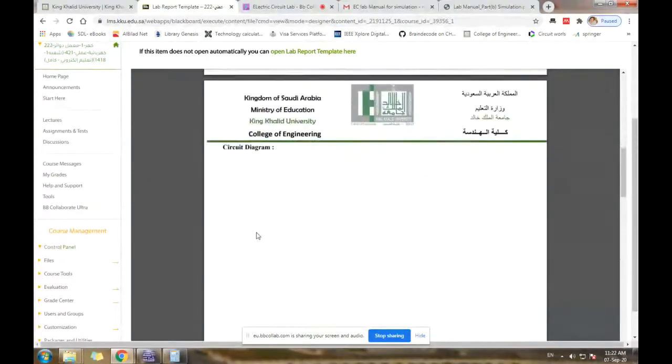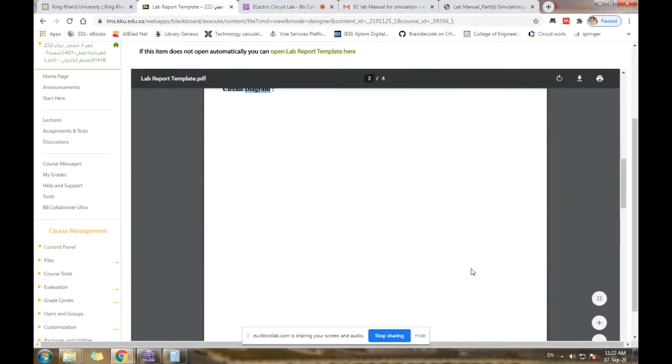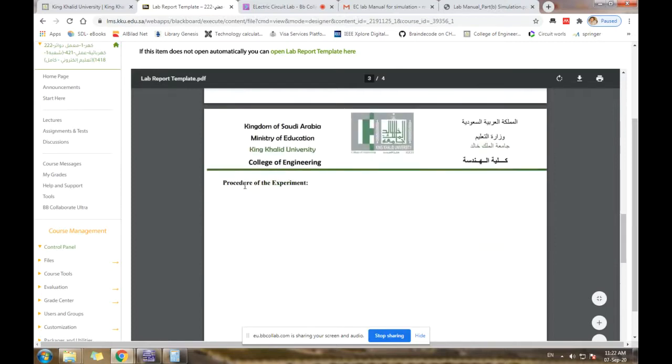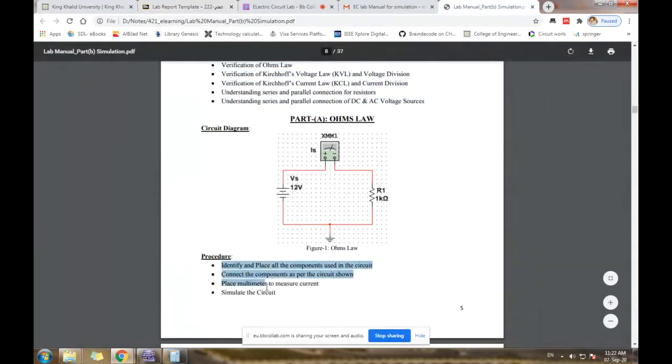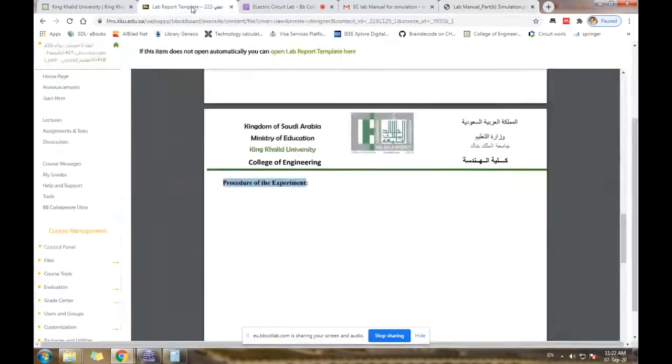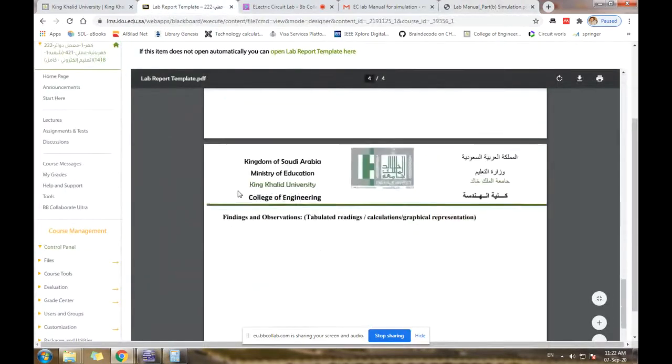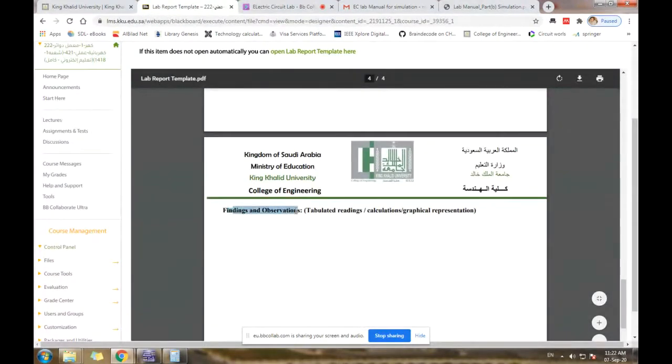Then you have to draw the circuit diagram for Ohm's law, KVL, KCL, series and parallel, only the circuit diagram. Then you should write the procedure of the experiment. These you have to write in the procedure. Then, what are the findings and observations?